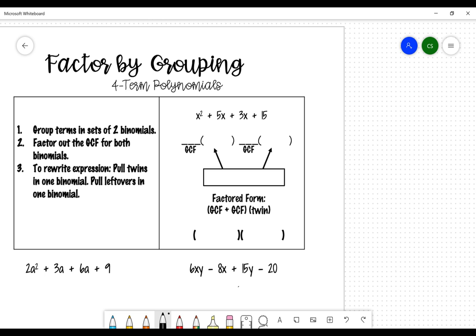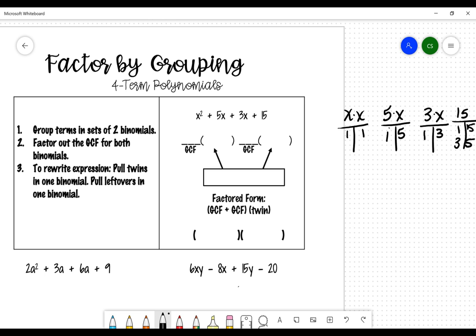If I try to list the greatest common factors between all 4 of these terms, x squared, 5x, 3x, and 15, I don't have a greatest common factor that is in common for all of them except for 1.